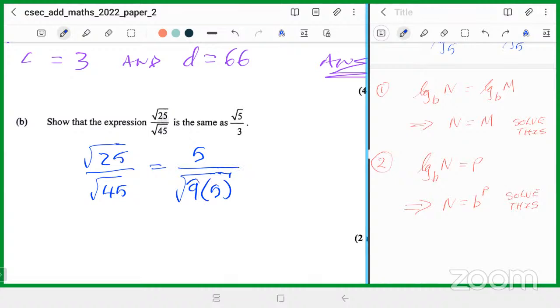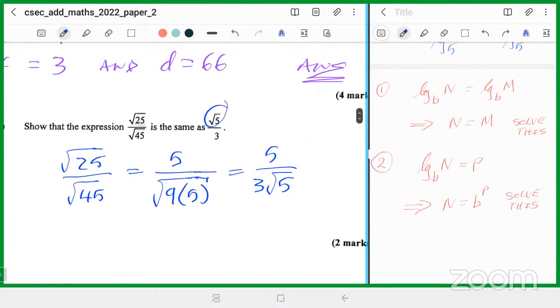Then the square root of 9 is 3. So it becomes equal to 5 over 3 times the square root of 5. Well, that's not what they have. So to get the square root of 5 up here, I need to rationalize this denominator, rationalize that root 5. To rationalize the root 5, I have to multiply it by the same root 5, and then multiply the numerator by root 5.